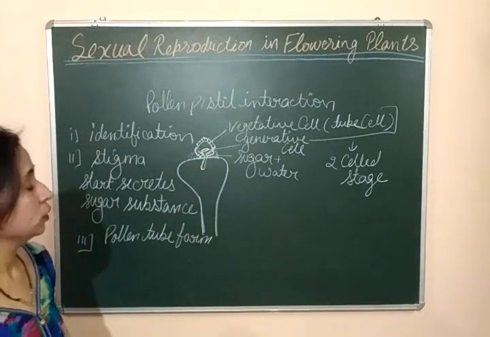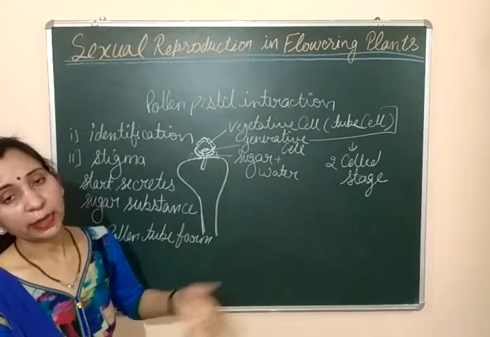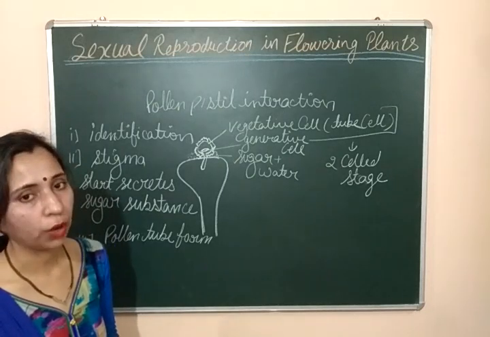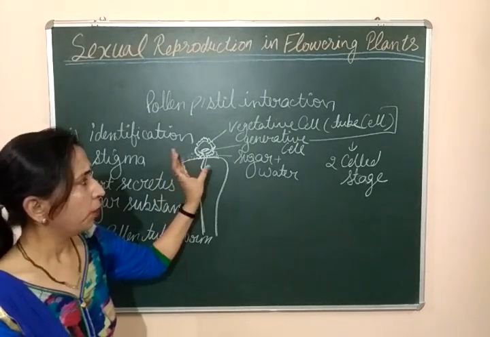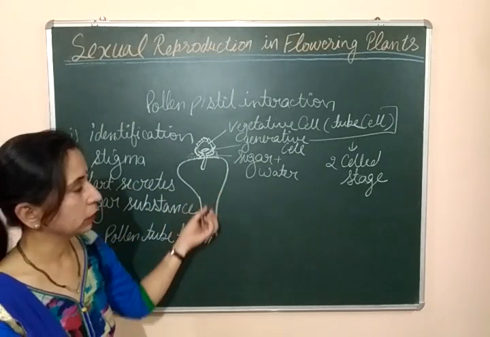In some plants, one pollen tube is formed, or in some other flowers, more than one pollen tube can be formed. It depends on flower to flower, but only one pollen tube will enter inside the stigma.